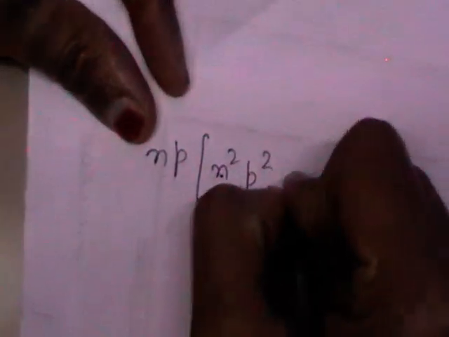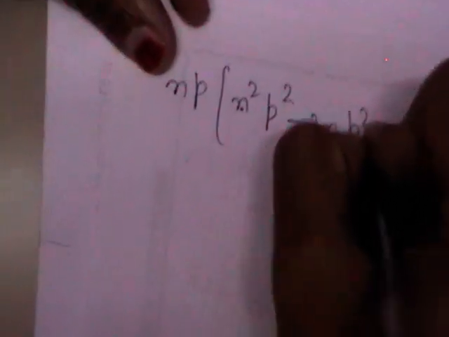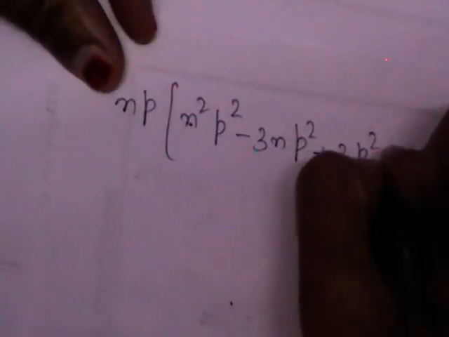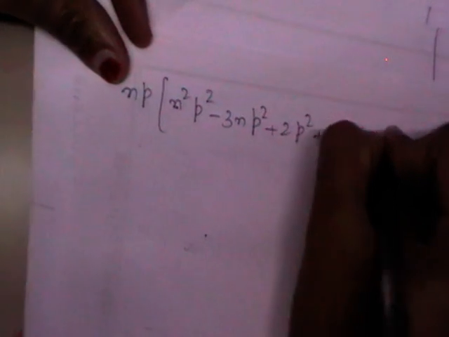This I am writing the same in the next step. n square p square minus 3np square plus 2p square plus 3np minus 3p plus 1 minus 3n square p square plus 3np square minus 3np plus 2n square p square.